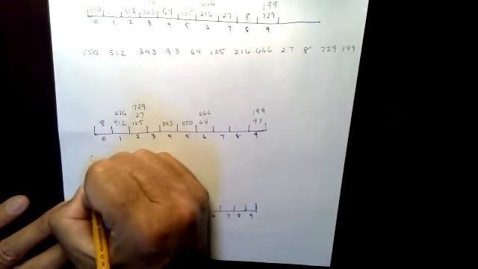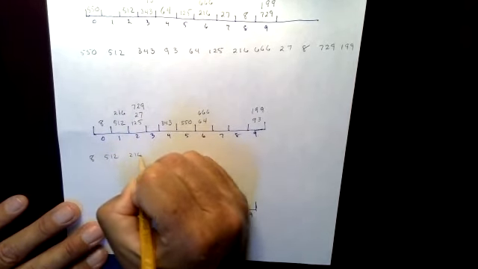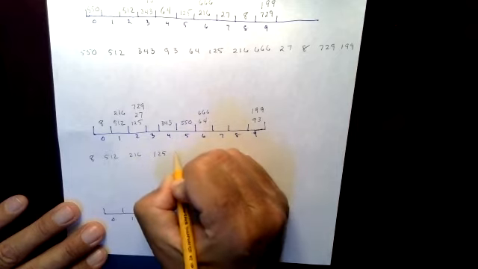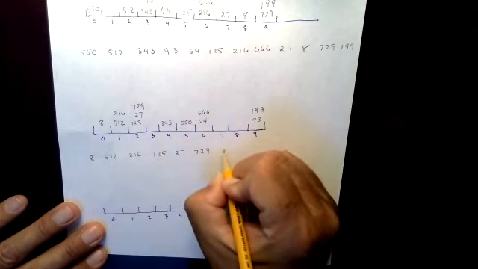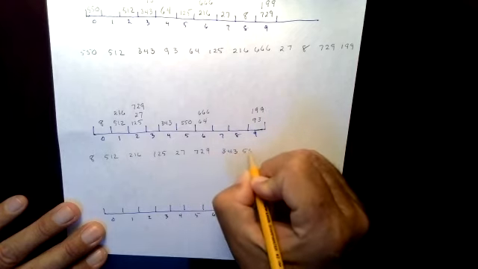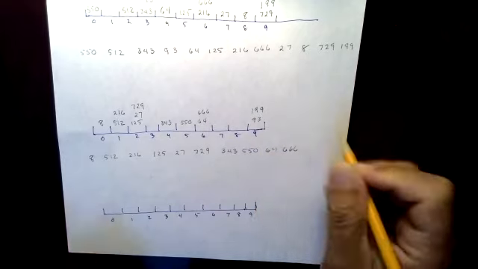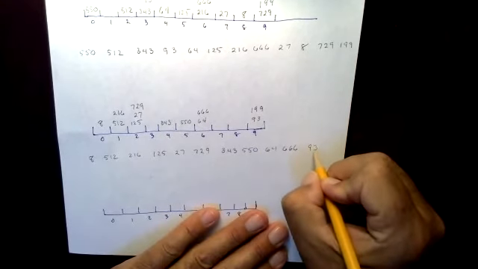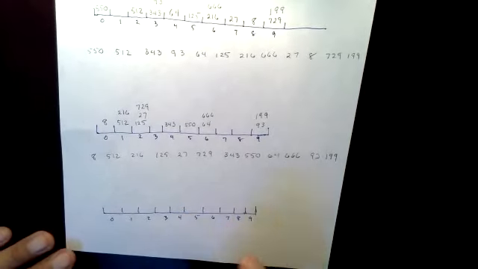Bottom up, up, up: 8, 512, 216, 125, 27, 729, 343, 550, 64, 666, 93, and 199. Bottoms up, up, up.